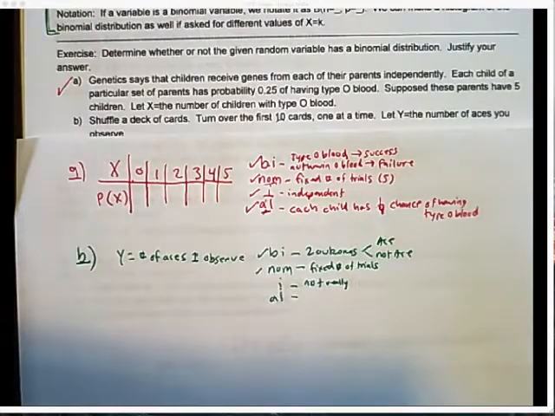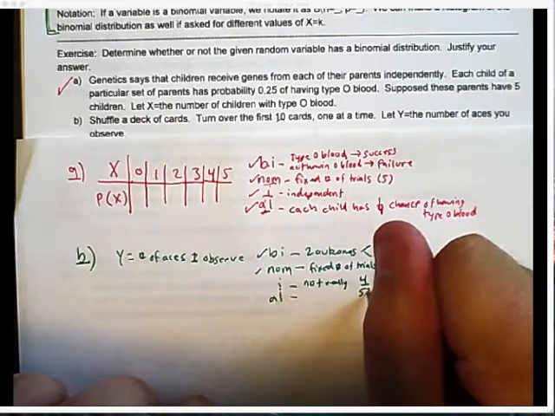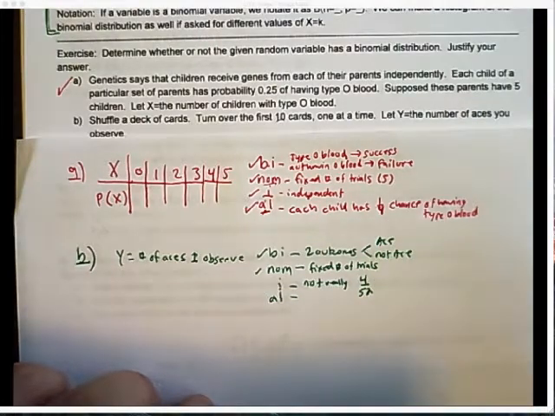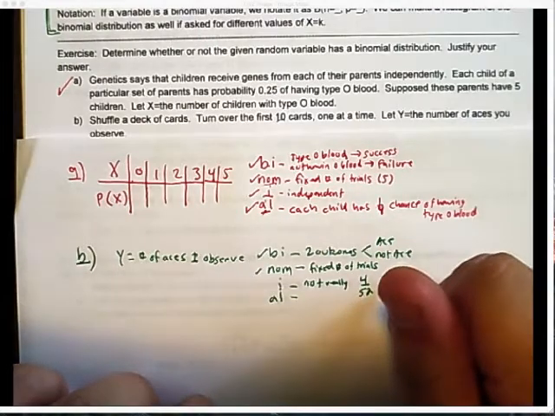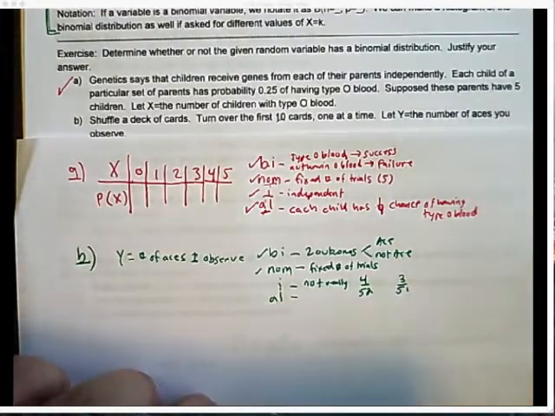If I flip the first card over and it is an ace, then the chances of the next card being an ace are smaller because there are fewer of them left. When I first draw the first card, I have a 4 out of 52 chance of getting an ace. But if I get an ace on the first card, the chance that I draw another ace would only be 3 out of 51.